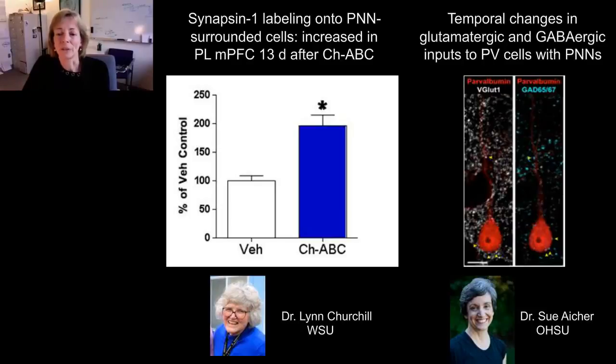We're also very interested in pursuing what kinds of synapses these are, if they're glutamatergic, shown on the left here with this labeling with vGlut1, or GABAergic labeling. And these studies have been done by Dr. Lynn Churchill, also at Washington State University, and ongoing collaborative work with Dr. Sue Eicher at Oregon Health and Sciences University.